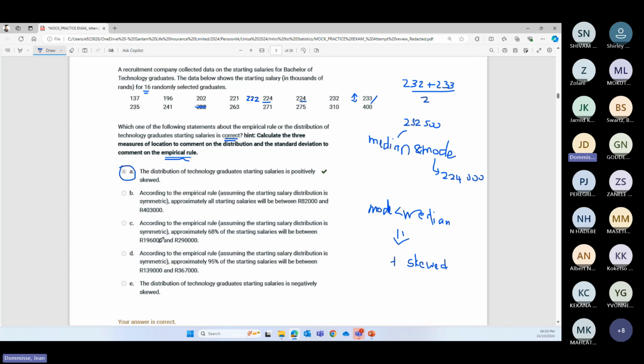Then, because the data is skewed, we can't assume a normal distribution. So then we don't even go into the standard deviation and the empirical rule because our data is already skewed.